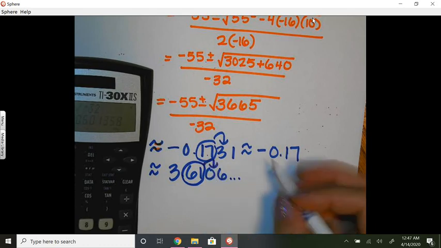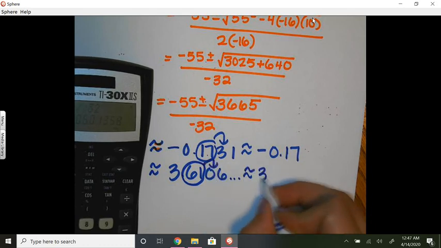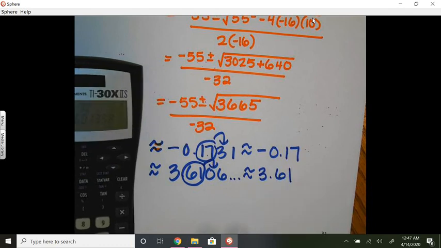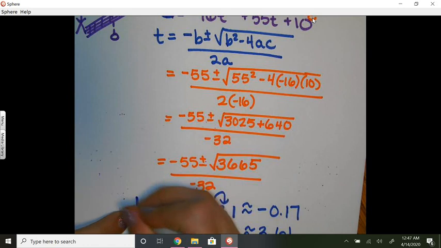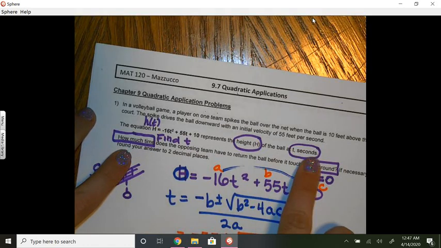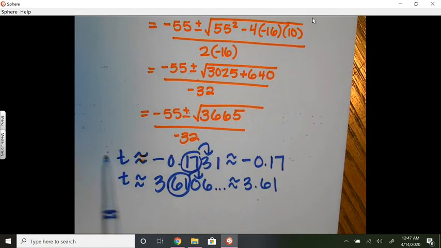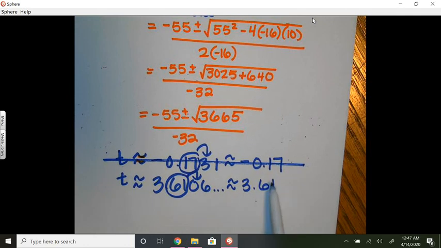It's not 5 or higher, so it's about 3.61. Now, what we just found was t. And t is the seconds. So we can't have negative seconds. So this is going to be extraneous here. And then we're just going to have this answer here.